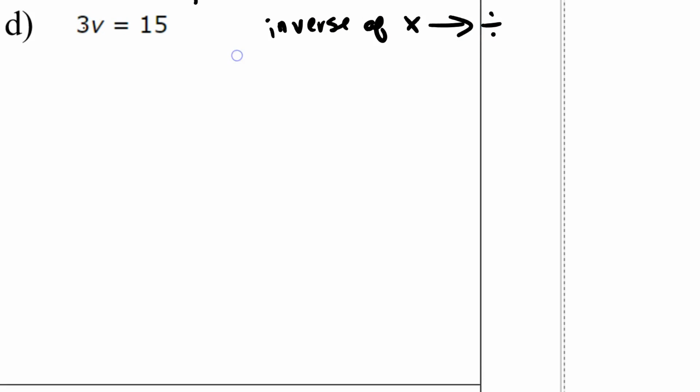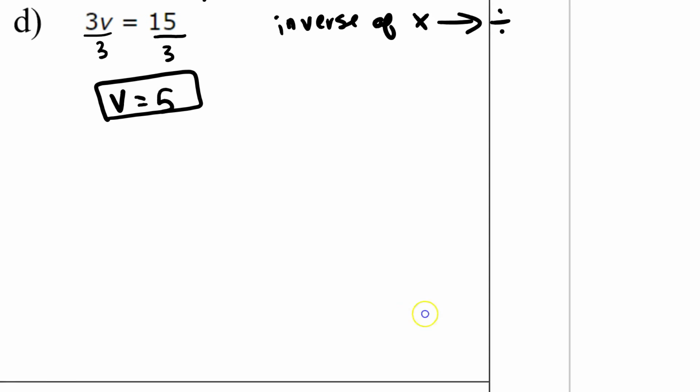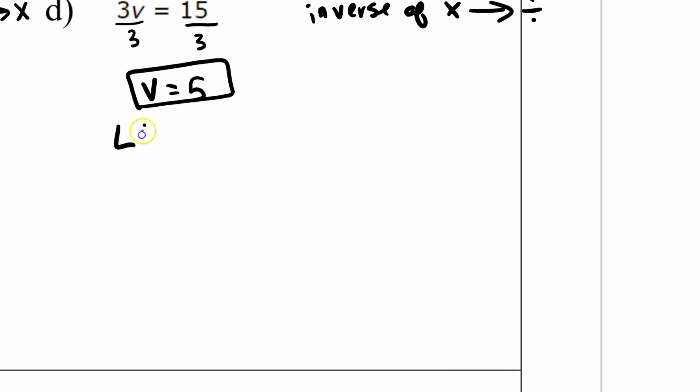So what I need to do is, since v is multiplied by 3, I need to divide both sides by 3. 3 divided by 3 is 1, times v is going to be simply v on this side. 15 divided by 3 here is 5. So I have my solution here. Let's verify it.